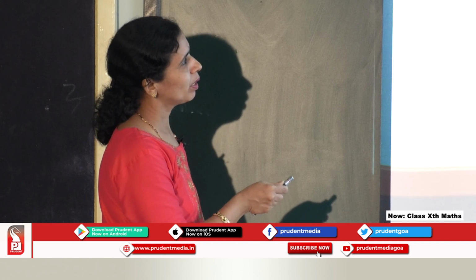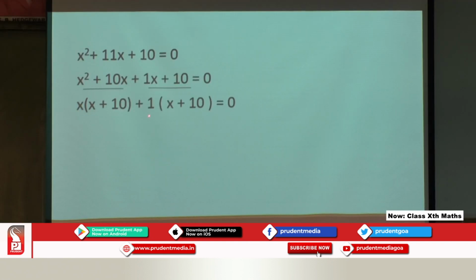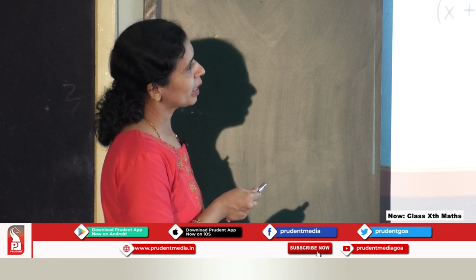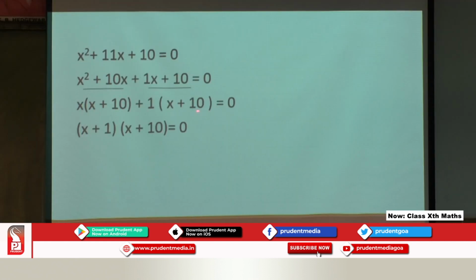When a common number is not there, then we should always take 1 as the common. So here I have taken 1 as the common, again in the bracket I wrote x plus 10, that is equal to 0. So next, you can see now x plus 10, here also x plus 10, both are having the same common factor.